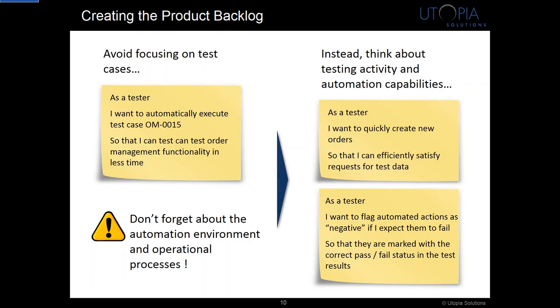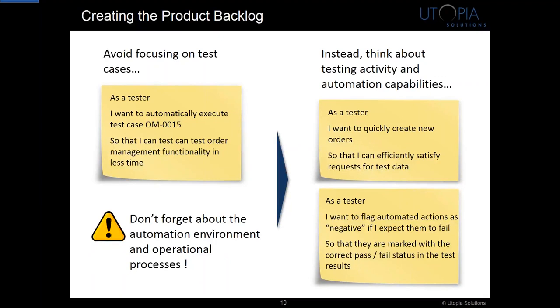Thinking about individual test cases as the basis for test automation features is kind of like thinking about individual routes that a car might take when you're developing features for a new car model. Would you say, I want the car to be able to drive on Interstate 55 between Chicago and St. Louis? Well, no, of course not. But looking at individual test cases to tell you what your automation solution is going to do is very similar to that.